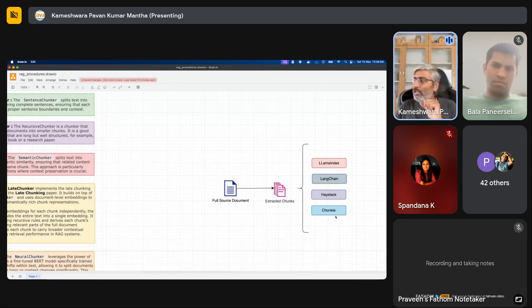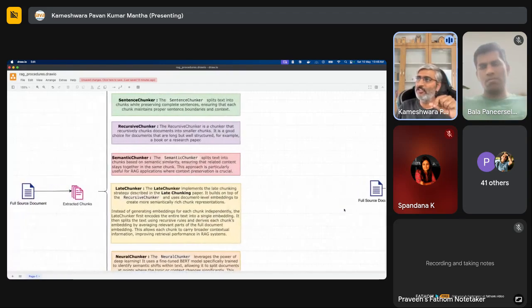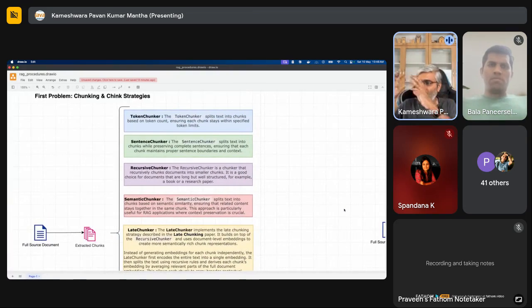So when you are combining Chunky with these frameworks, you don't need to take advantage of the built-in chunking and ingestion phase of those frameworks. In fact, it is delegated to the Chunky library. Chunky gives you a specific set of different chunking strategies.